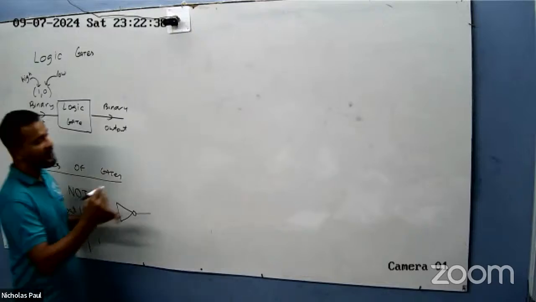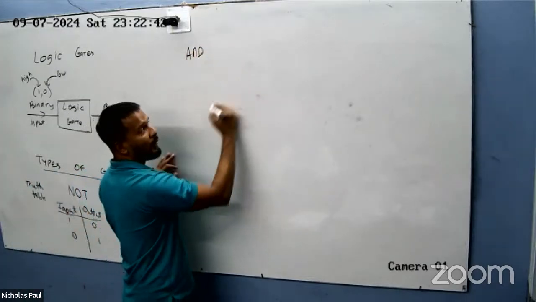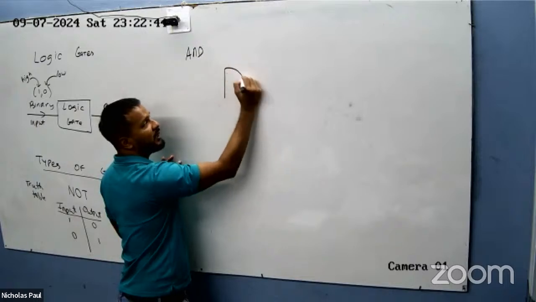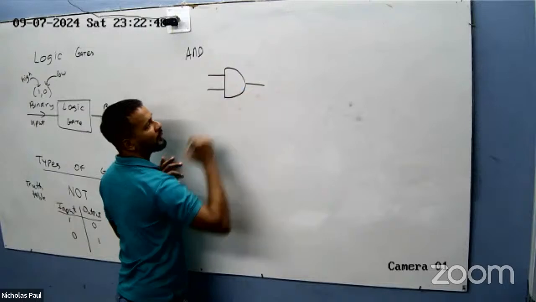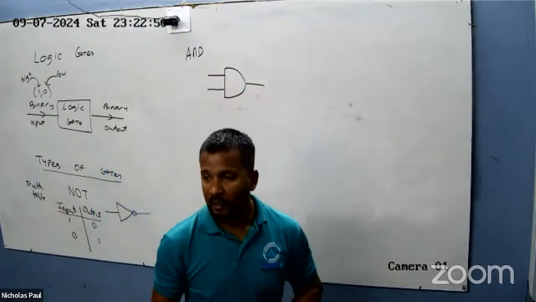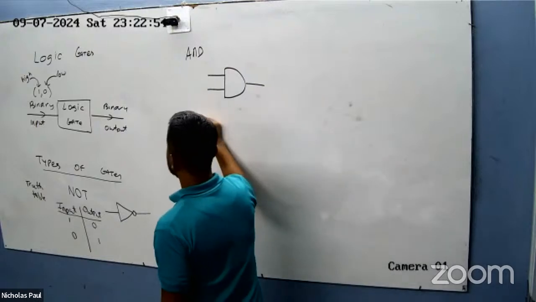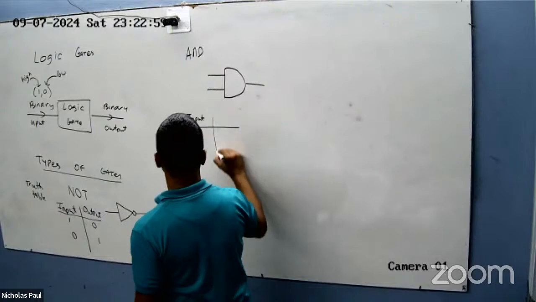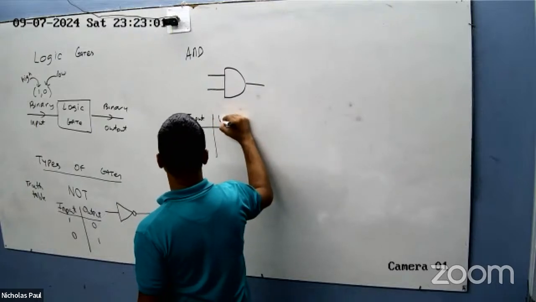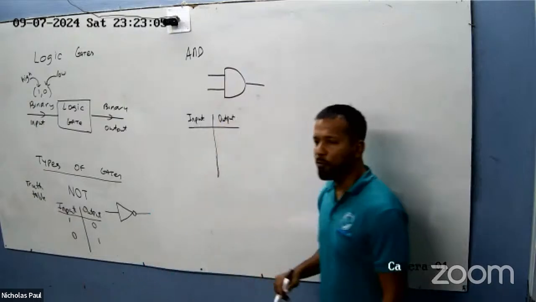Next one is an AND gate. And watch how it looks. Straight curve, two inputs now, one output. That's the way it looks, right? So once you see that gate, that's an AND gate. Let me give you the truth table for it. I have a small question.